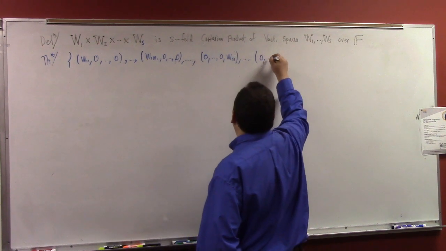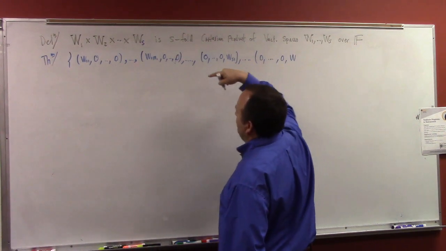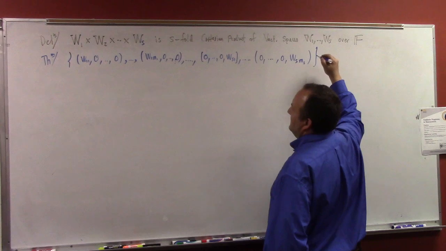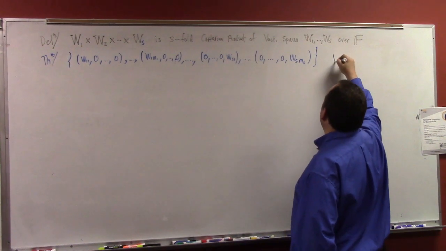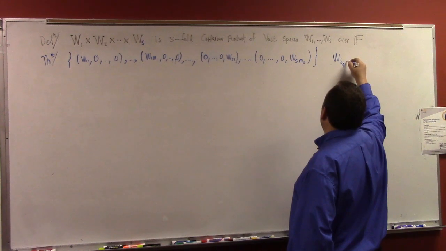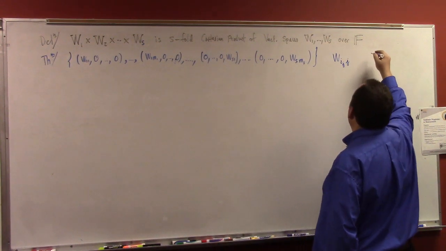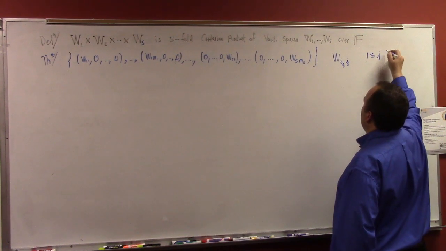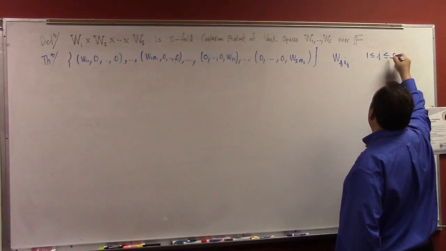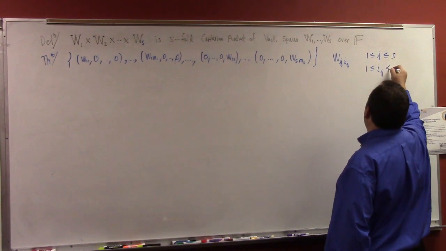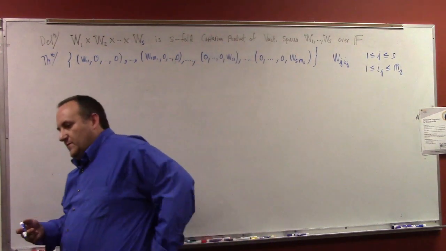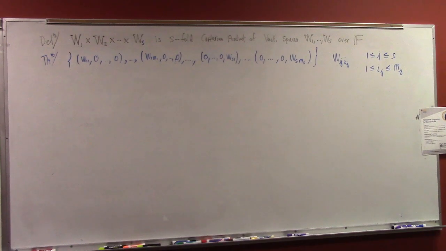And then finally zeros all the way, and the last basis element of the last subspace, W sub S, M sub S, where of course I'm using W sub J I sub J, 1 less than or equal to J less than or equal to S, 1 less than or equal to I sub J less than or equal to M sub J, as the basis elements for W1, W2, WS respectively.